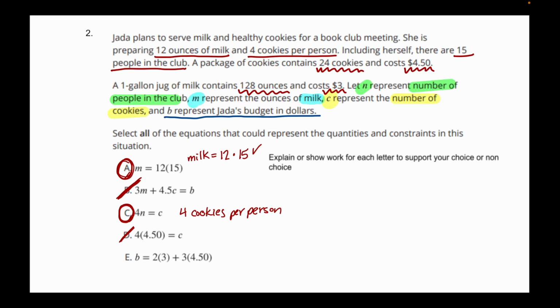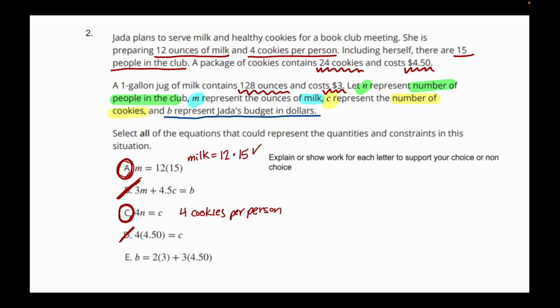So she's going to probably need 2 gallons of milk. Yep. Those are $3. And then 450 times 3. This is saying she would need 3 packages of cookies at $4.50 each.